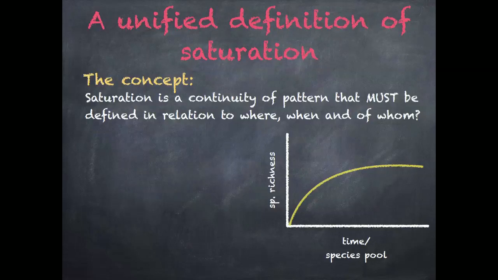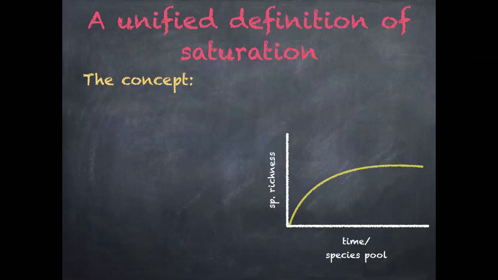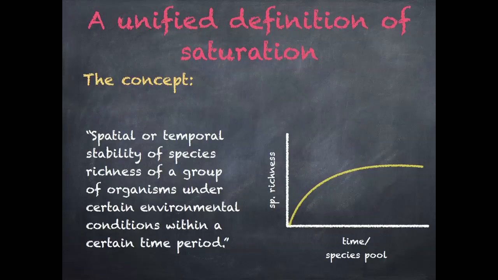It is very simple: we say that saturation is a continuity of pattern that must be defined in relation to where, when, and of whom. Although this concept can look very intuitive, it hasn't been put into words in any paper, and we just want to provide a definition in very general terms. Saturation is the spatial or temporal stability of the species richness of a group of organisms under certain environmental conditions within a certain time period.